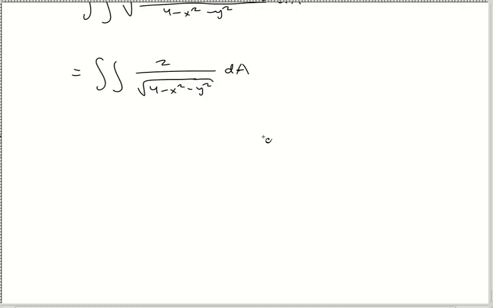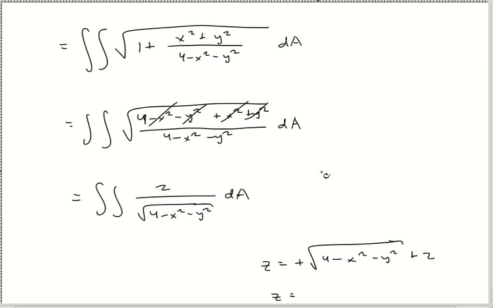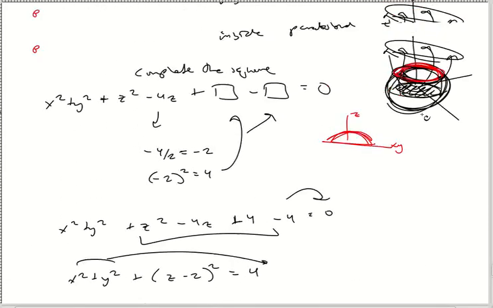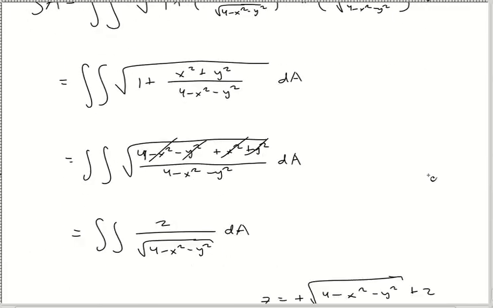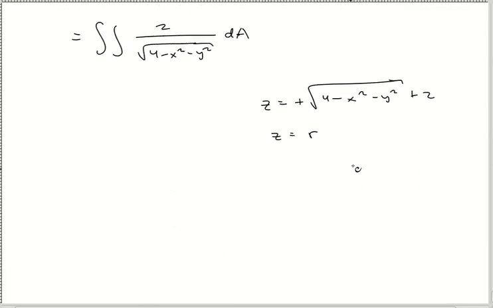In the end, looking back, I got z equals the positive square root of 4 minus x squared minus y squared, and then plus 2, right? And then I also have z equals what? Let's go back up to the very top. Notice right here, z equals x squared plus y squared. Well, that's r squared in polar mode. So z also equals r.